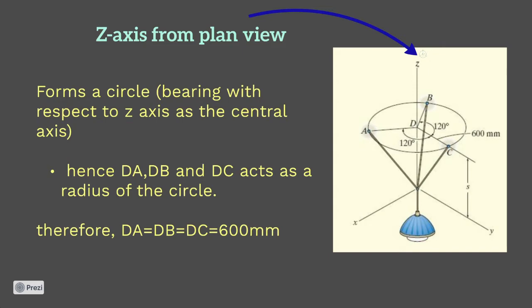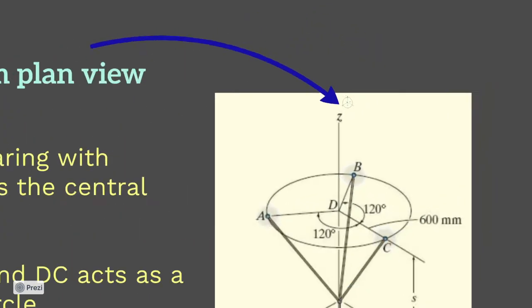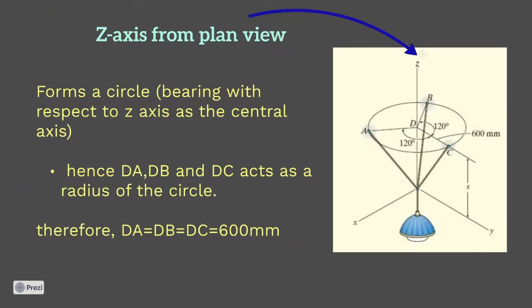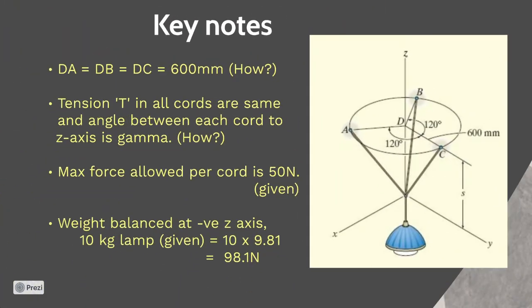When we view this configuration from the top, considering Z as the central axis, dA, dB and dC form a trajectory that is similar to a circle based on the angles provided. Hence dA, dB and dC act as a radius of the circle. Therefore, dA is equal to dB, which is equal to dC, that is given as 600 millimeter.